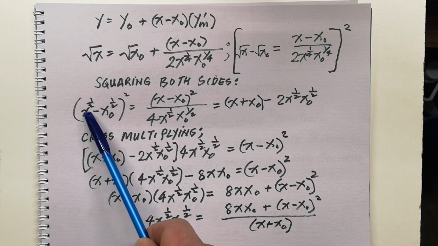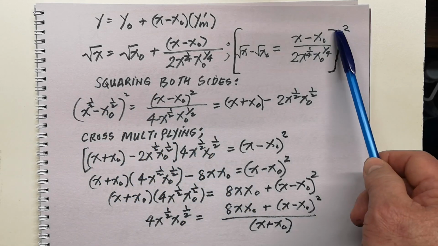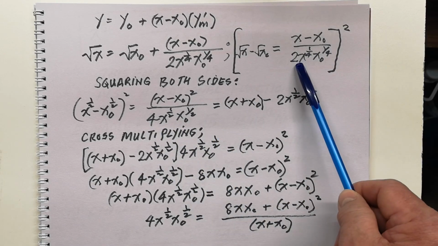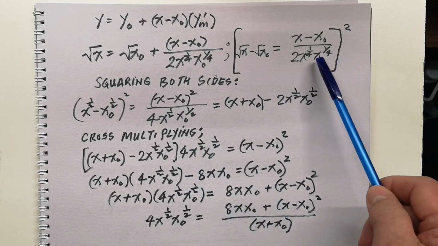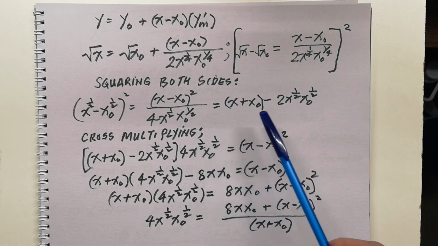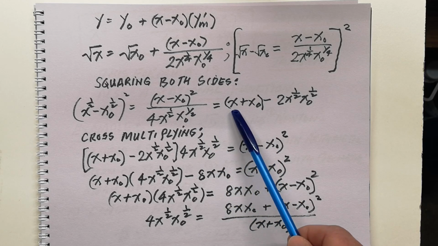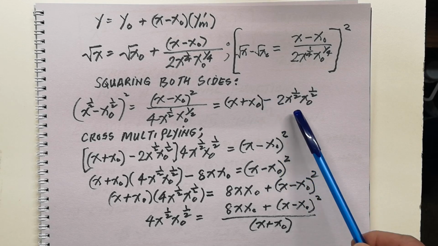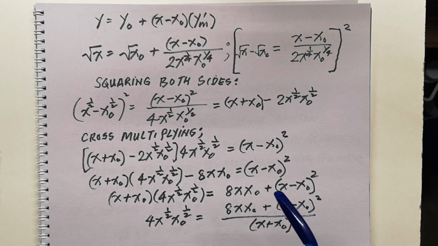(Square root of x minus square root of xo) squared equals this, delta x squared divided by this one, 4 becoming x to the 1/2 xo to the 1/2 because it was squared. So this is equal to x plus xo minus 2x to the 1/2 xo to the 1/2.